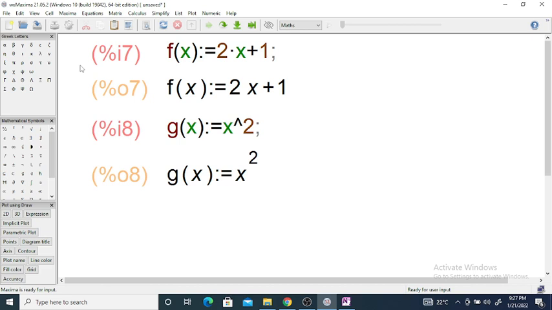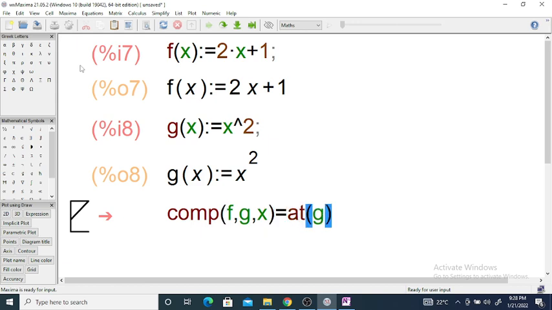Now we are going to define a user defined composite function of, let's say, f of g of x. This is a user defined function, so for g, x is equal to what, f of x is equal to f dollar.